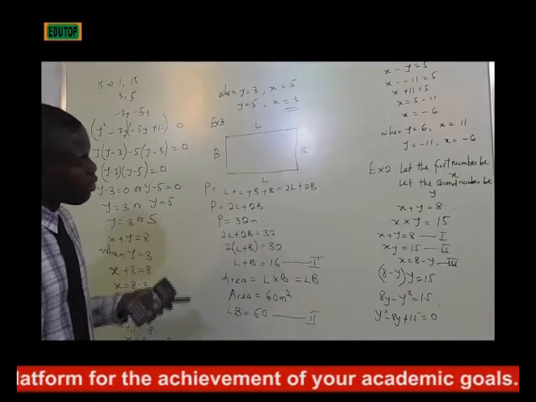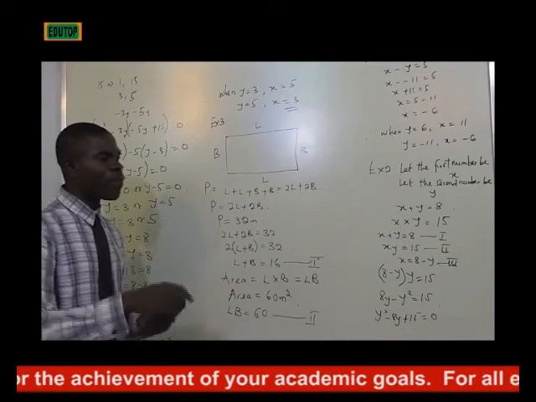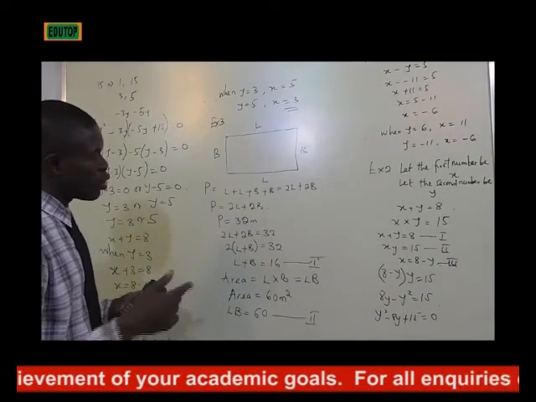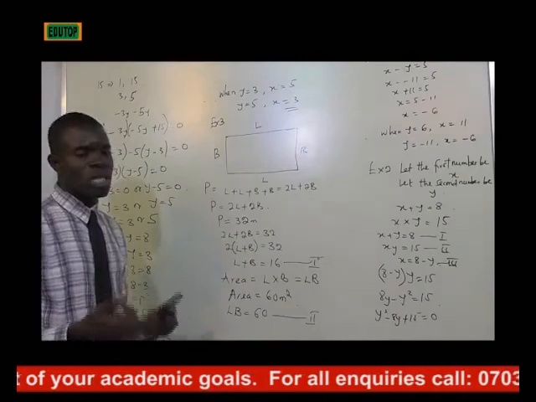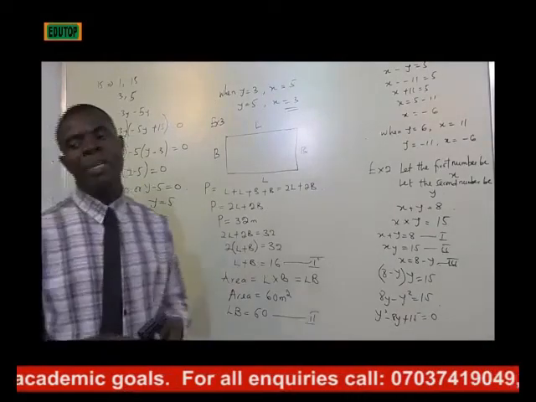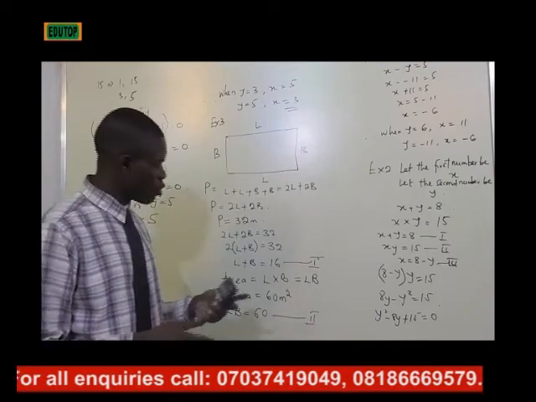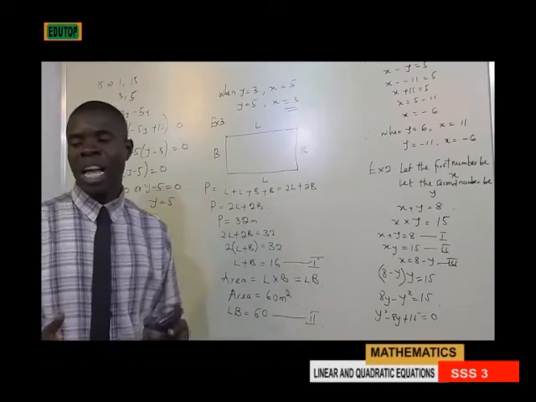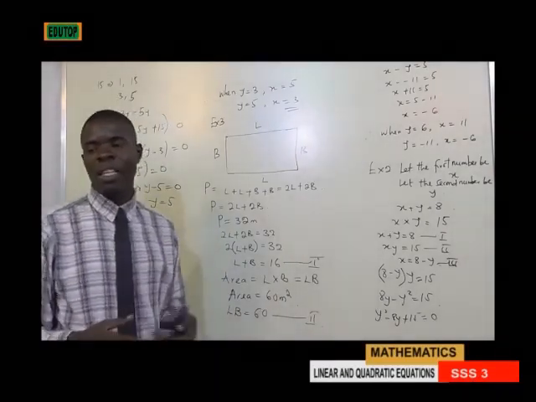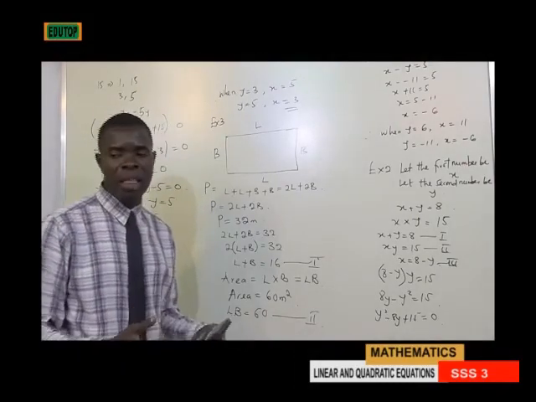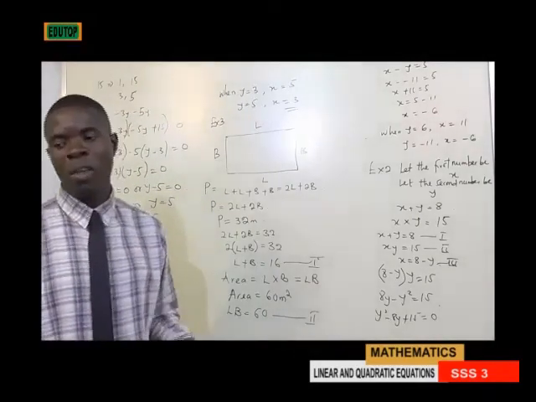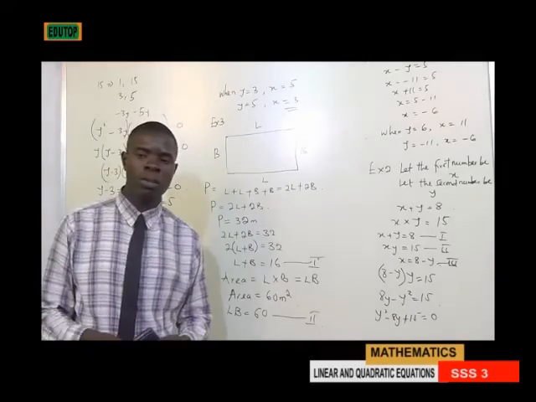Then, having gotten that value, we substitute it into any of the equations to get the second parameter. Here the question asks us to find the breadth of the lawn, which can also be called the width of the lawn.